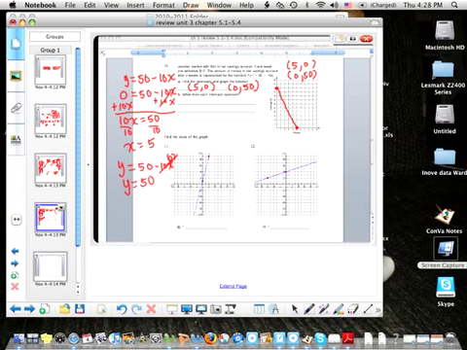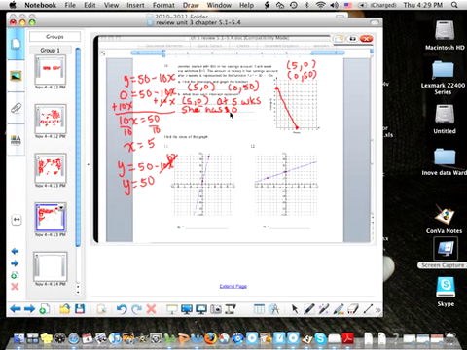So what does the intercept (5, 0) mean? Well, the first thing, the 5, is the number of weeks. So if we go across at 5 weeks, how much money does she have? Well, she has $0.